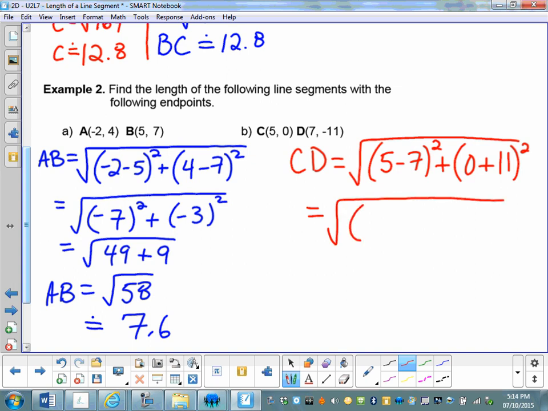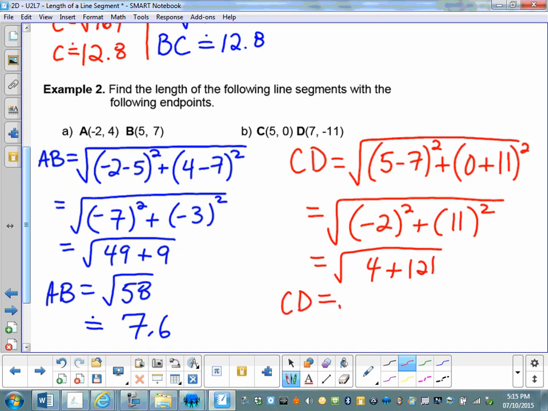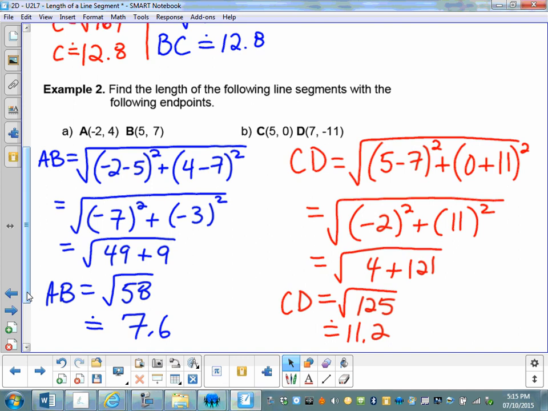So I end up with -2 squared plus 11 squared, which is 4 plus 121. So for CD, we get the square root of 125, or if we want to write that as a decimal, it's going to be 11.2. So you can see how we use the formula there.